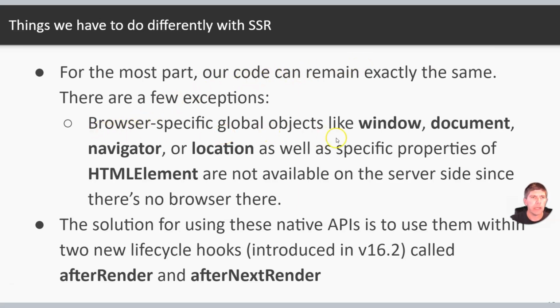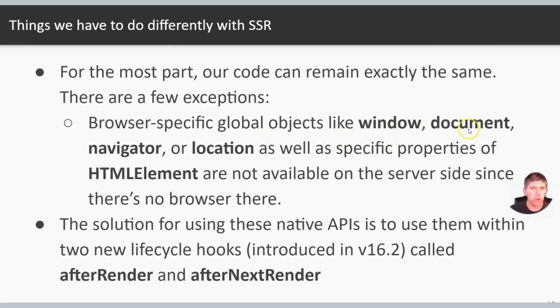For instance, if your JavaScript is referring to objects such as window, document, navigator, or location, of course, these are browser specific. They run on the client side, so they won't be available on the server, which means for these specific scenarios, we have a solution, and that solution comes through the form of two new lifecycle hooks that were introduced for the first time in Angular 16.2.